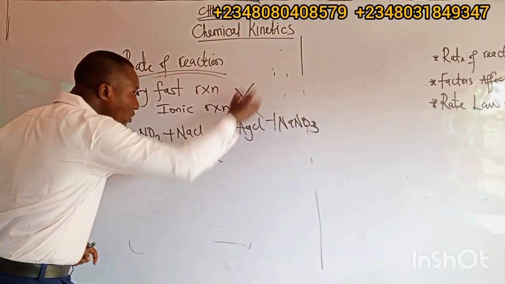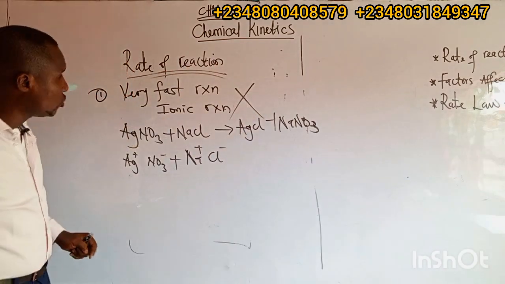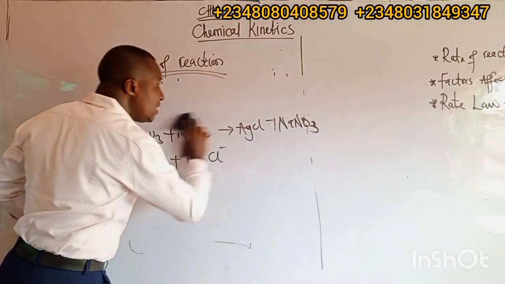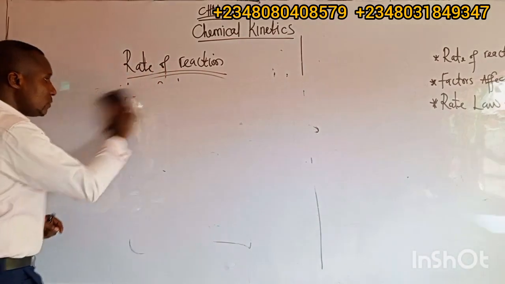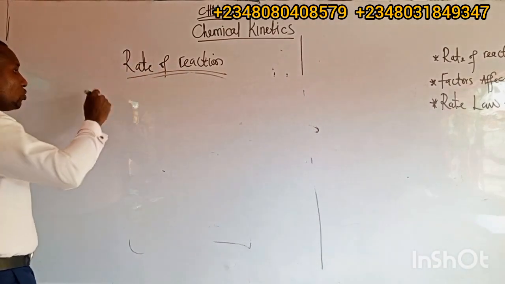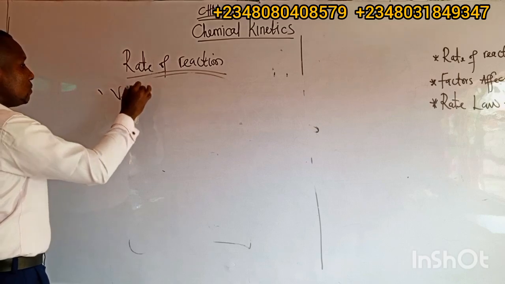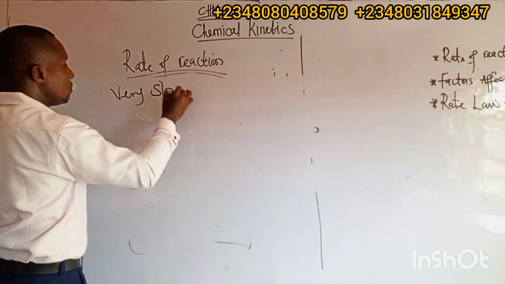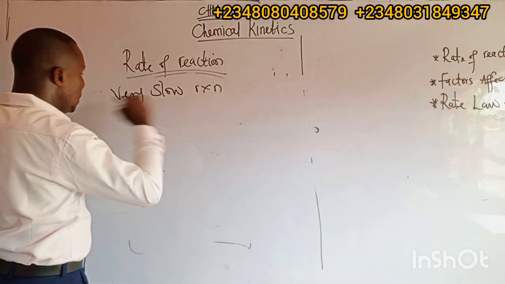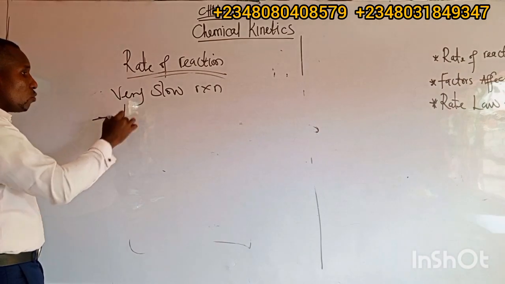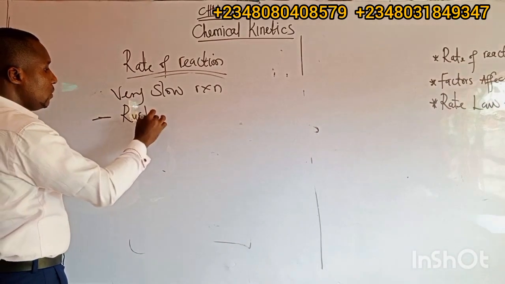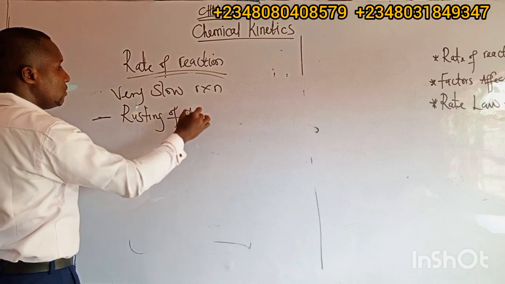We can't measure this. Then another reaction, we have very slow reaction. An example of this is rusting of iron.